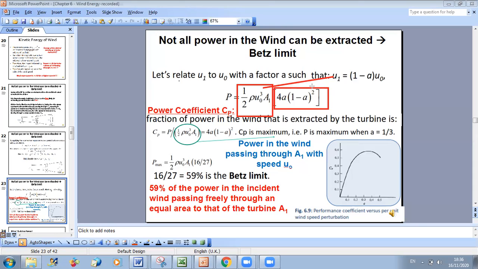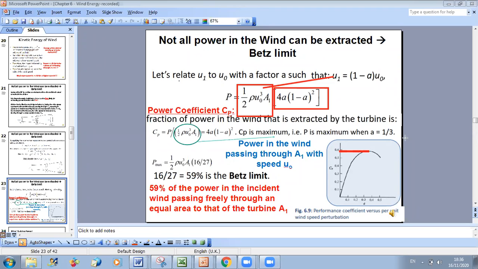If we do a small study on this factor, as you observe here, if we study this product for different values of a, we can see that the maximum possible value for this factor is nearly 0.59. This is why we say that the maximum power we can extract is 59% of the power that is coming.